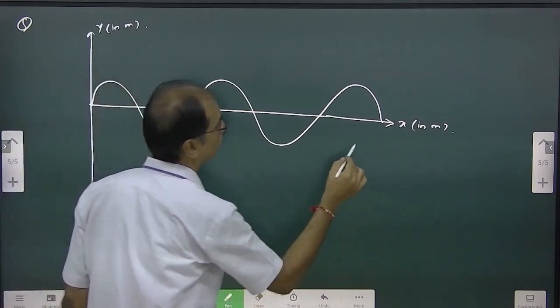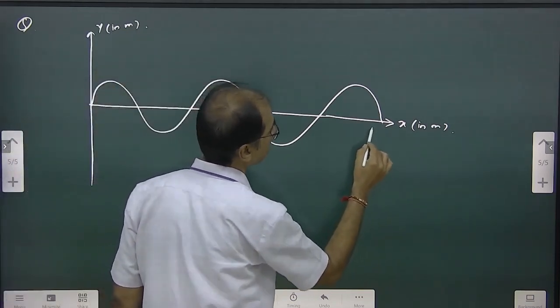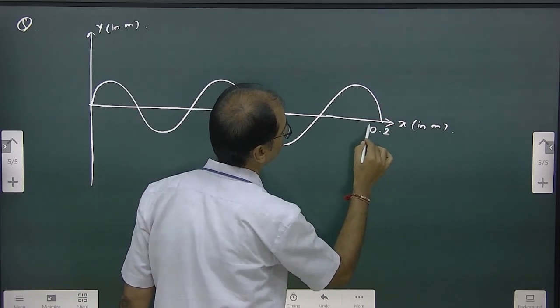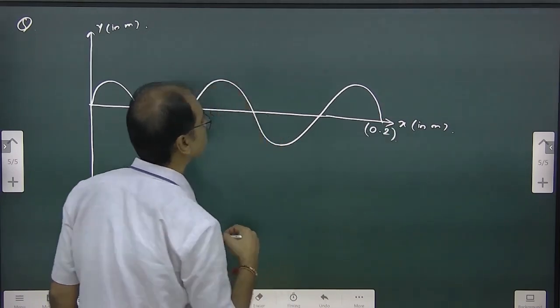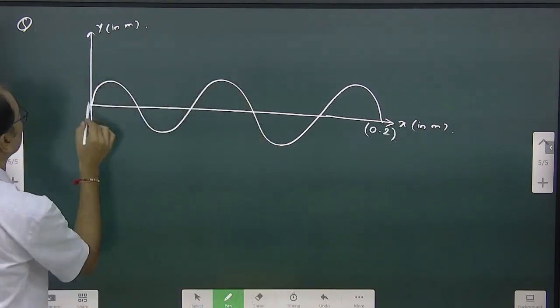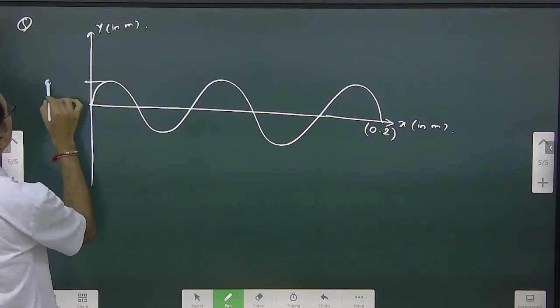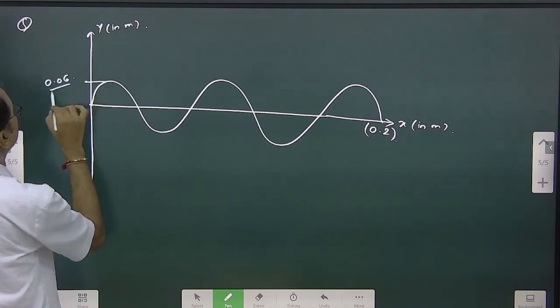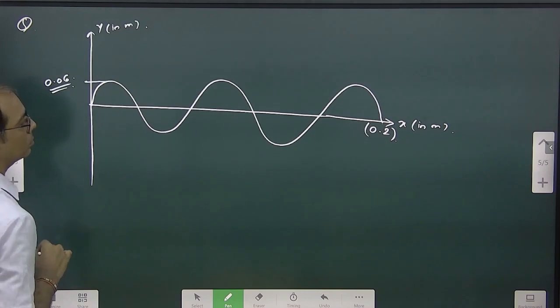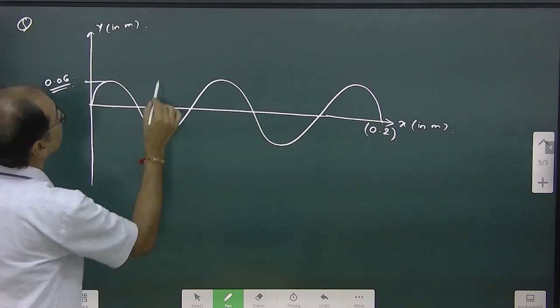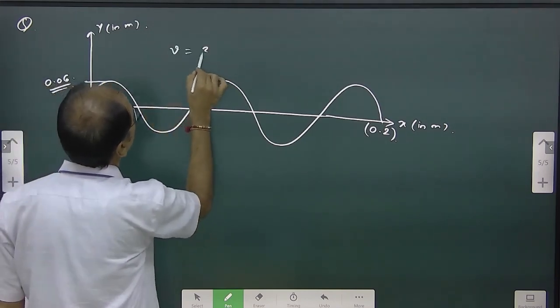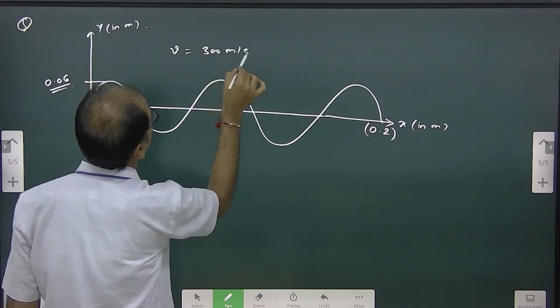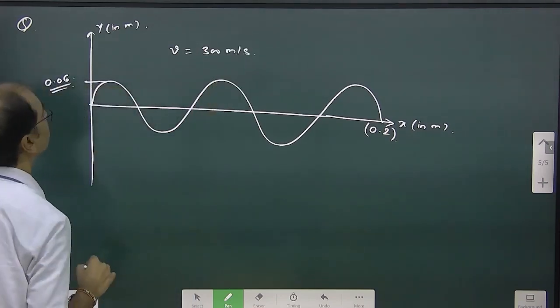Okay, so here, let's assume this is 0.2 and this here is 0.06, and speed is 300 meter per second.